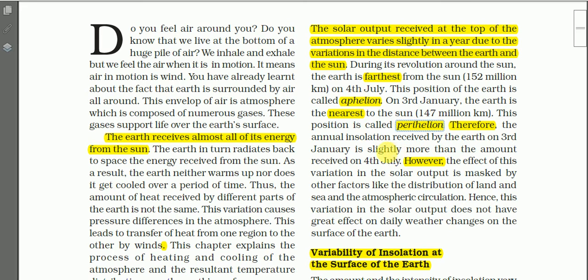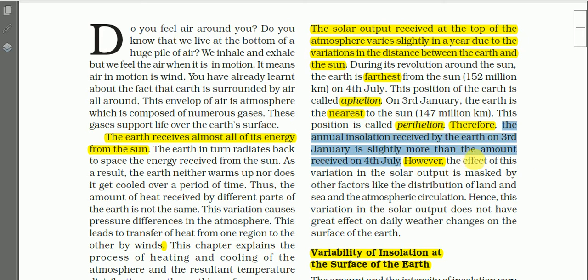Therefore the annual insolation, that is the amount of energy received by the Earth on 3rd January, is slightly more than the amount received on 4th July on the top of the atmosphere.